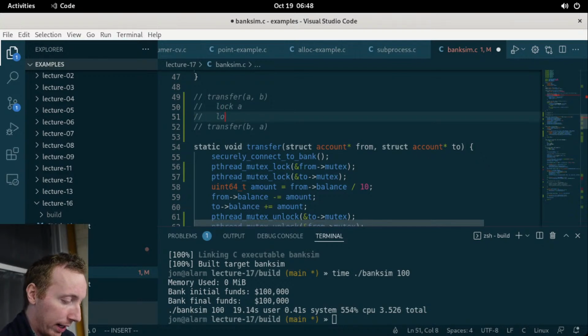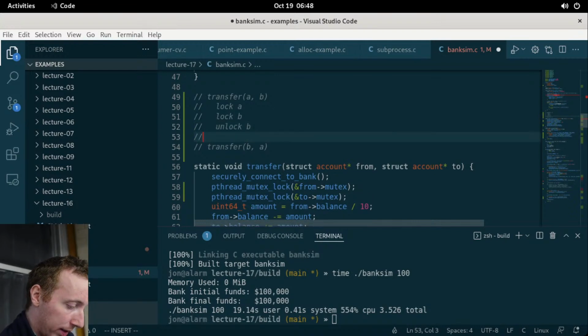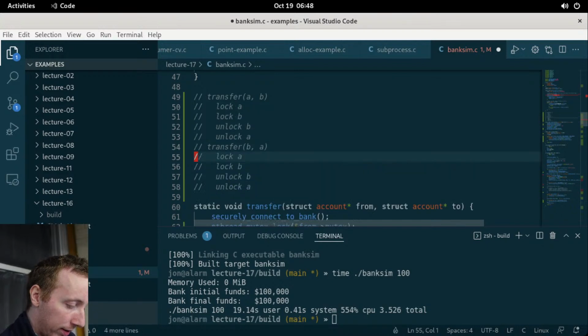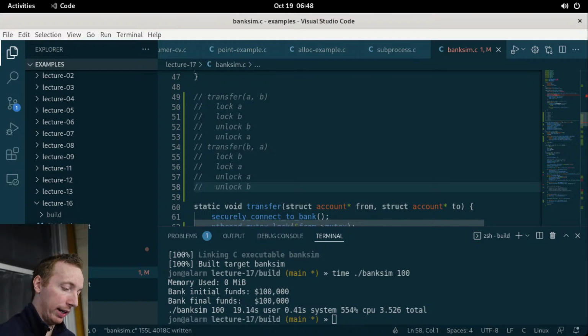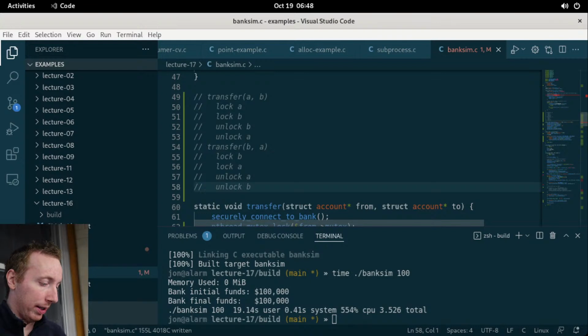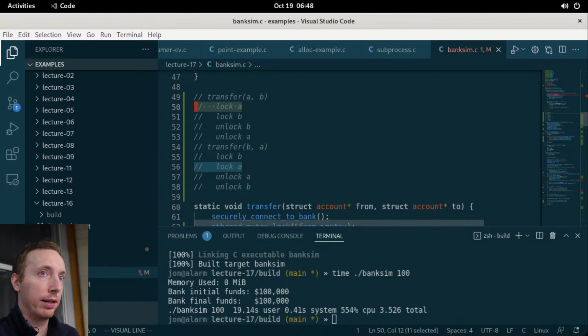So it would be lock A, lock B, followed by unlock B, unlock A, and then in this thread, we would be doing lock B, lock A, unlock B. So that's a possible deadlock, because this thread running transfer A to B could acquire lock A, and then we get context switched over to this thread.